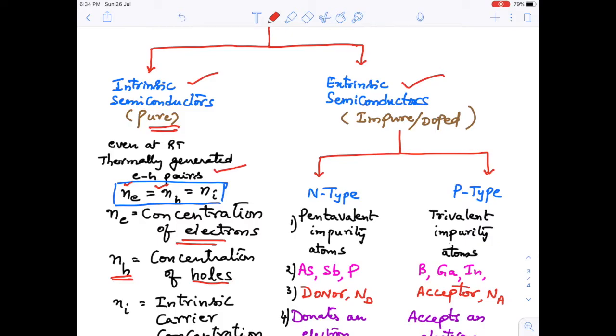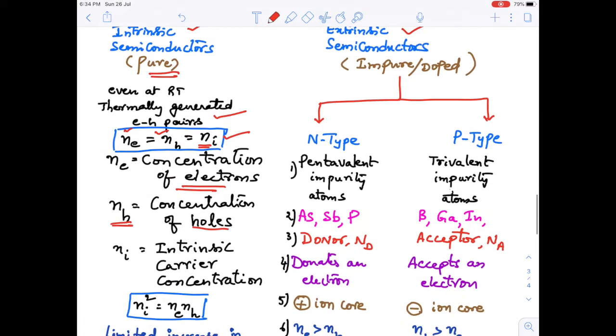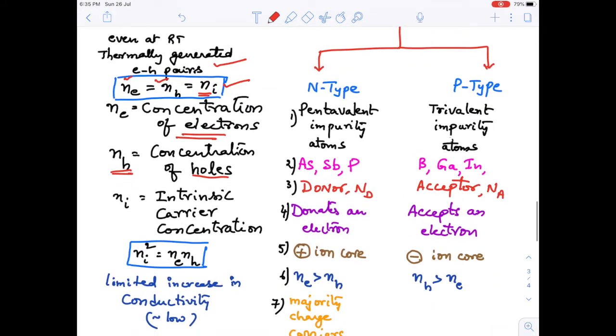Because Ne is equal to NH, I will equate it to Ni. I will call this Ni the intrinsic carrier concentration, where carrier means either charge carriers, electrons or holes. So, I can write this equation, which is called the law of mass action: Ni square is equal to Ne NH.